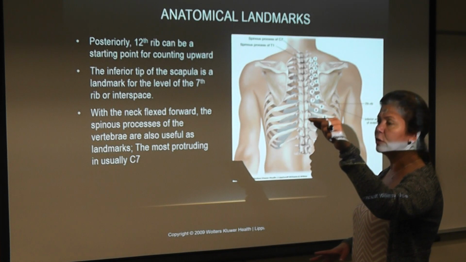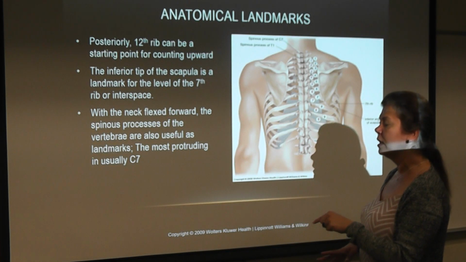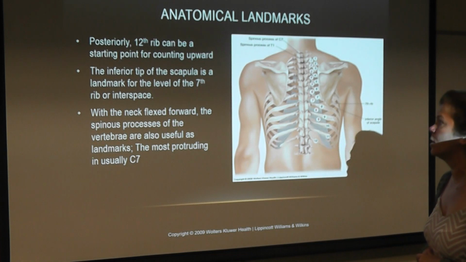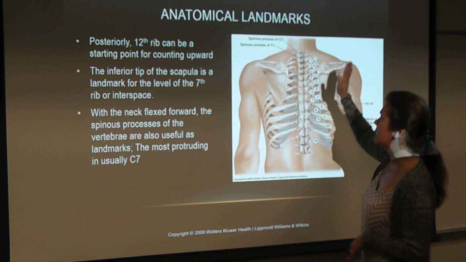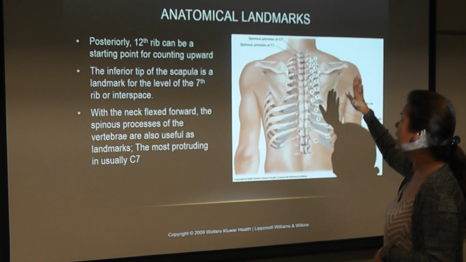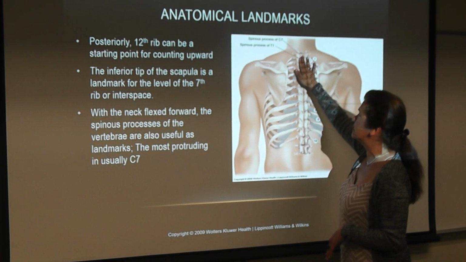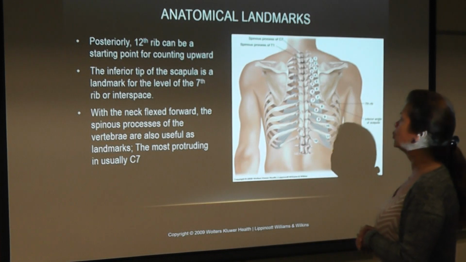It starts at the level of the fourth intercostal space and goes down into the seventh rib or seventh intercostal space. And as I said, if the patient flexes the neck, you're able to palpate the C7 and T1 protuberance.